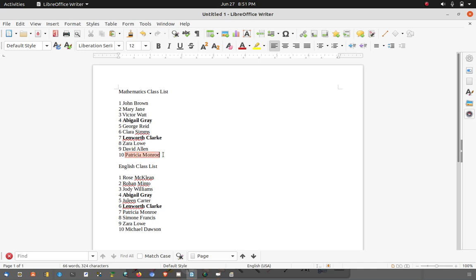Patricia Monroe is also doing maths and English. Zara Lowe is doing maths and also doing English. These registers are not in alphabetical order, but it contains everybody.